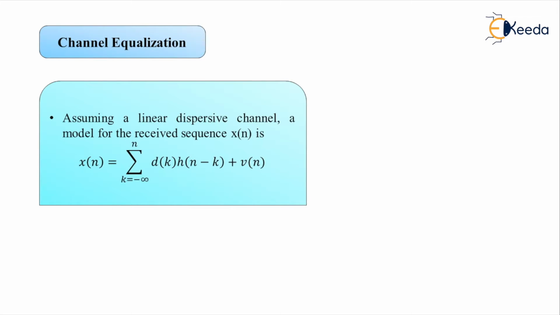The multiplication is added to v of n here. So in this expression, h of n represents the unit sample response of the channel, whereas v of n, the right hand extreme term, is the additive noise.